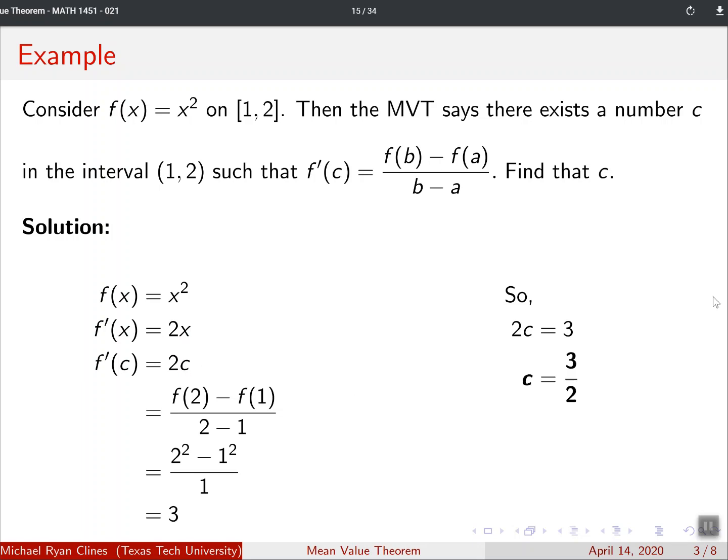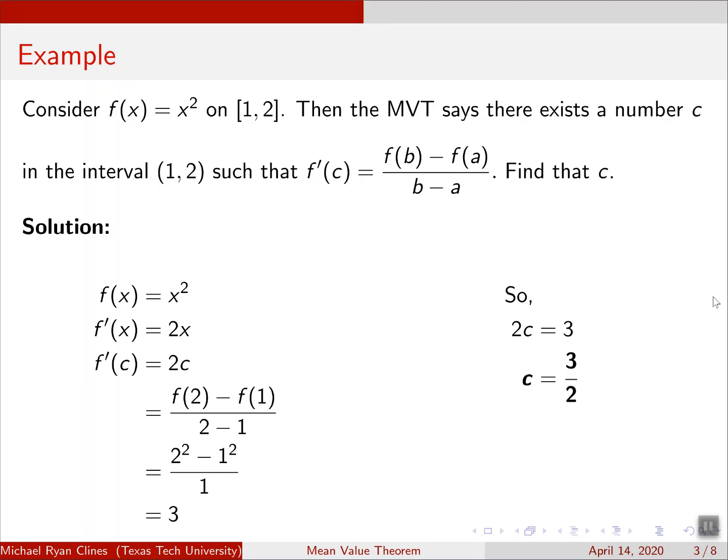Divide both sides, and we get c is equal to 3 halves. So c is equal to 3 halves is the value we are looking for. This is the value that the mean value theorem guarantees exists. It is a point in the interval such that when we plug it into the derivative, it is equal to the mean value.